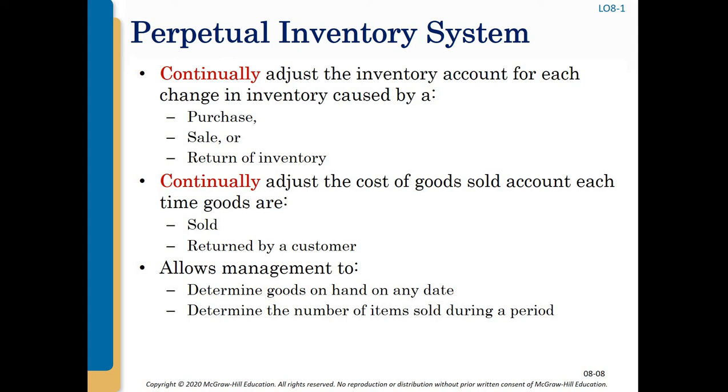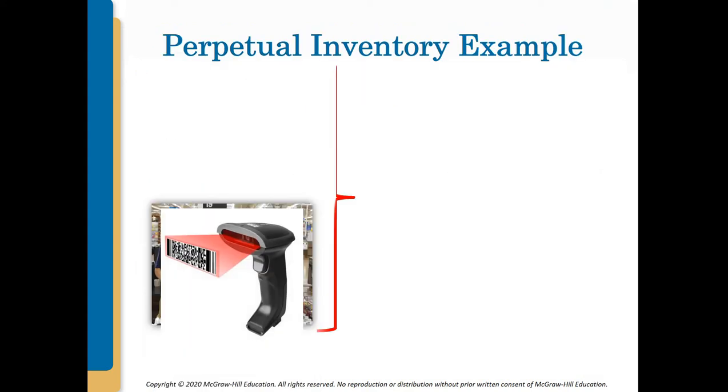It continually adjusts the inventory account for each change in inventory caused by a purchase, sale, or return of inventory. And it continually adjusts the cost of goods sold account each time goods are sold or returned by a customer. So it allows management to determine goods on hand on any date and determine the number of items sold during a period. Okay, let's have an example.